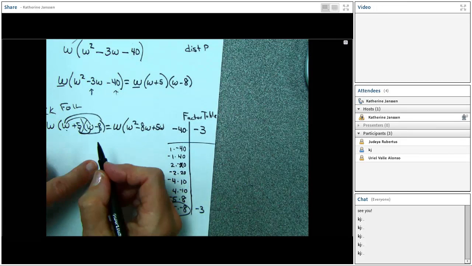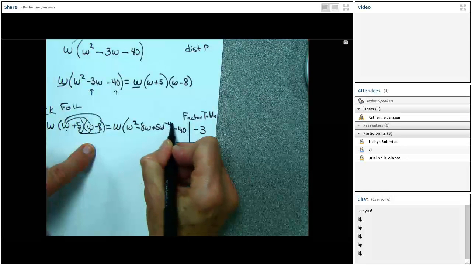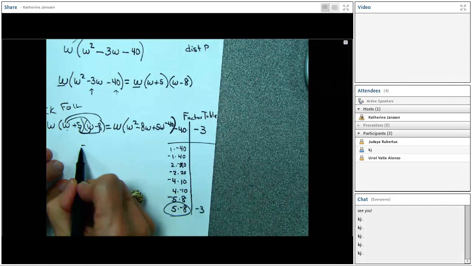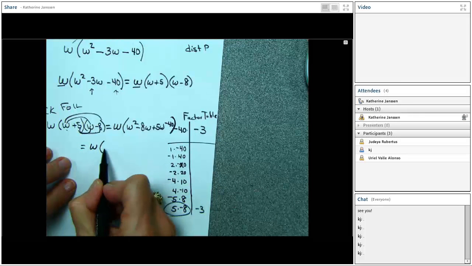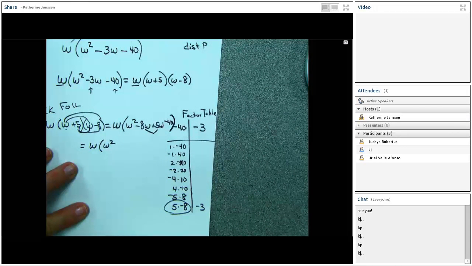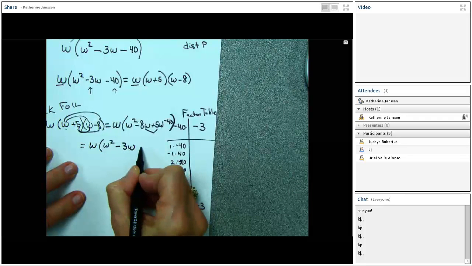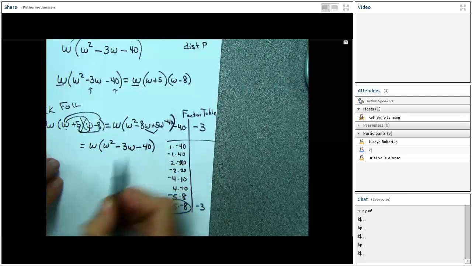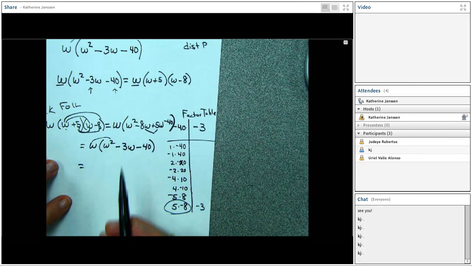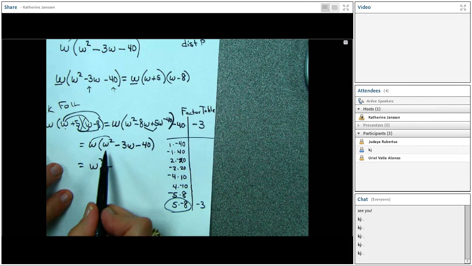And the last terms, 5 times a negative 8 would be a negative 40. W times W squared. Collecting like middle terms, a negative 8W plus a positive 5W is going to be a negative 3W, minus 40. And now distribute W times W squared, W cubed, pick up your sign.